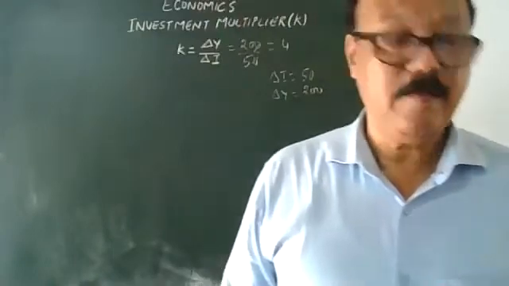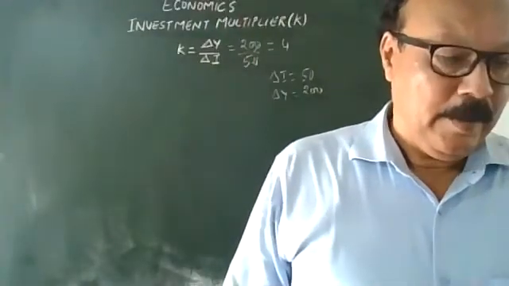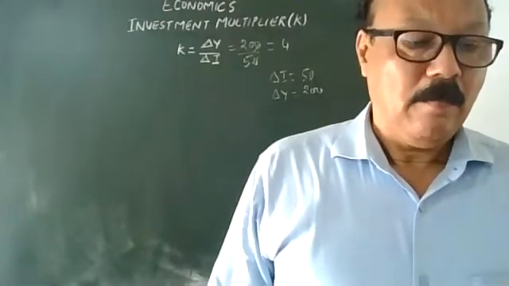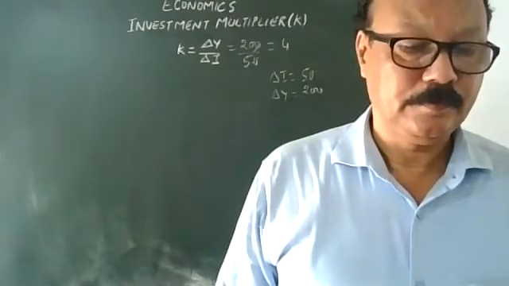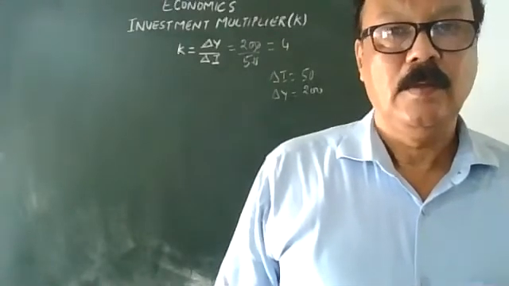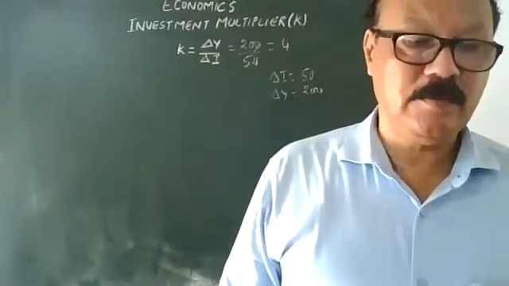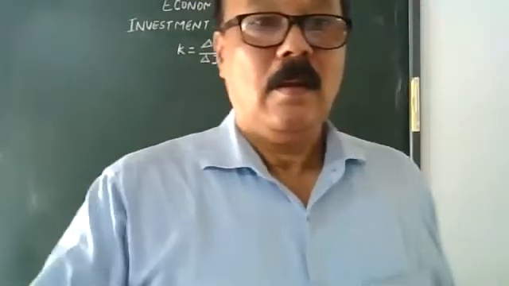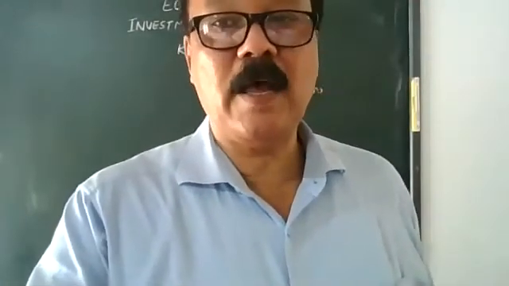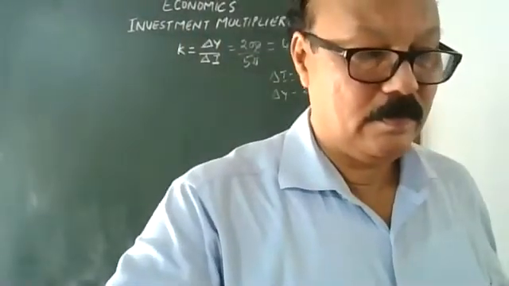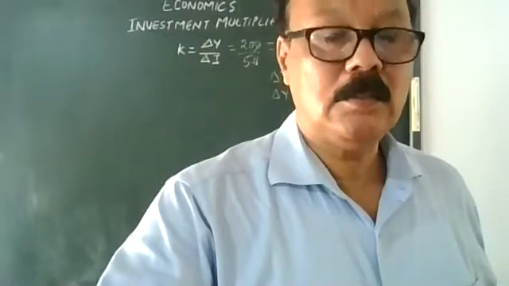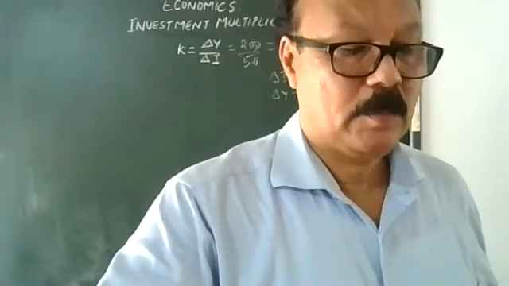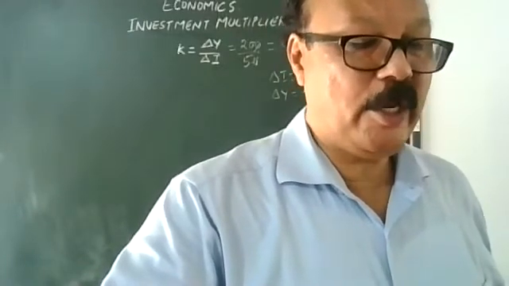Multiplier K is the number by which the change in investment must be multiplied in order to determine the resulting change in income.